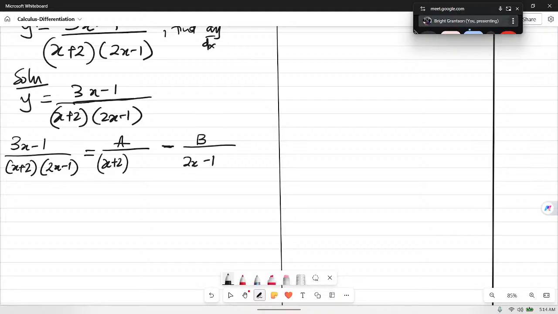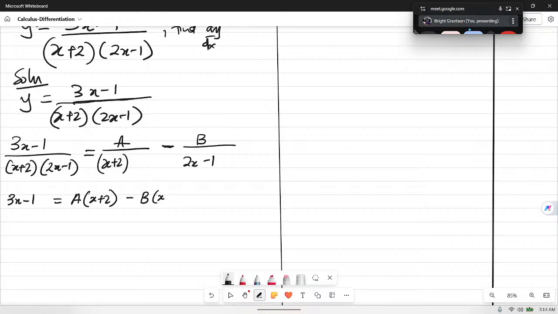You take the 3x minus 1 is equal to A times (2x minus 1) plus B times (x plus 2).